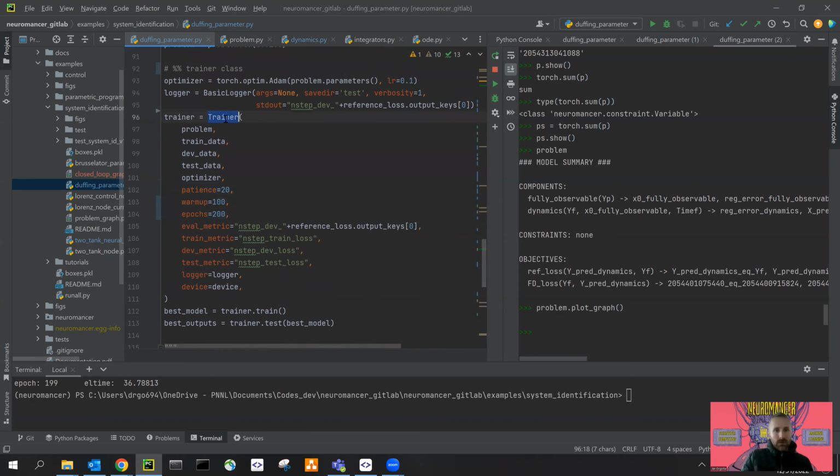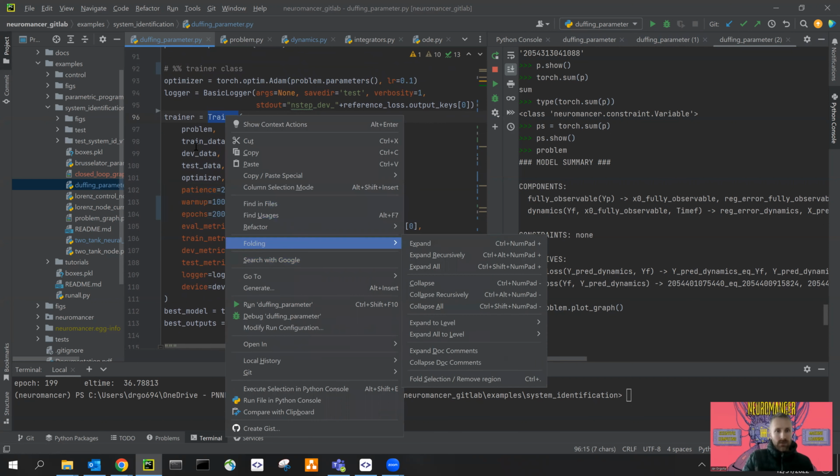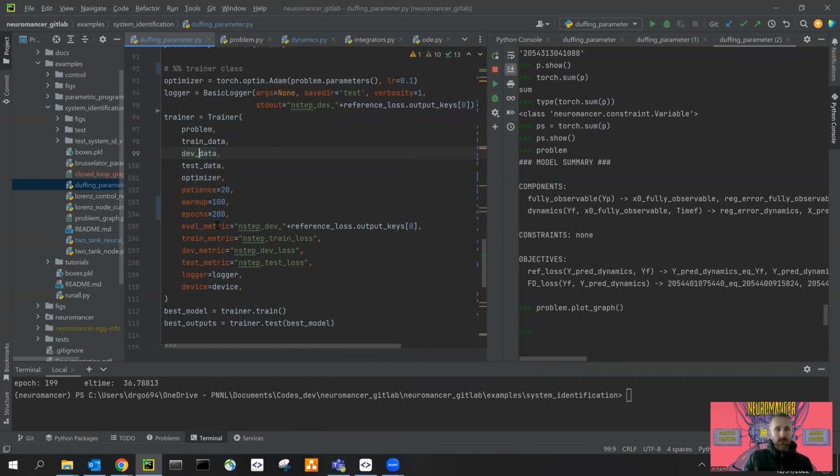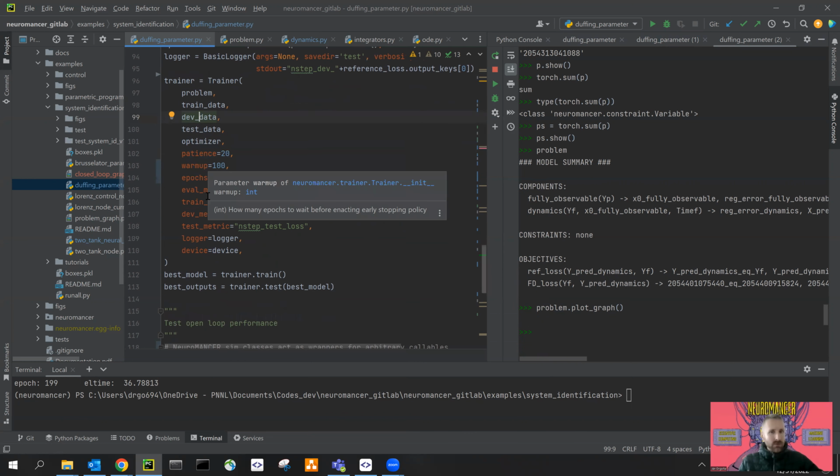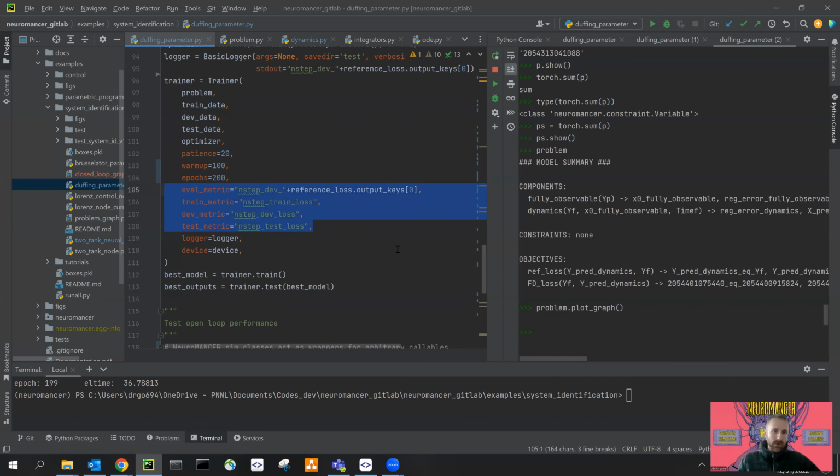You can also go to the trainer class itself and see the definitions for each of those arguments, and there are more that you need not worry about at this point if you are not a developer or if you are not interested in some hyperparameter optimization. And you can also have control over what is your evaluation metric, what is your training metric, development and test metric.